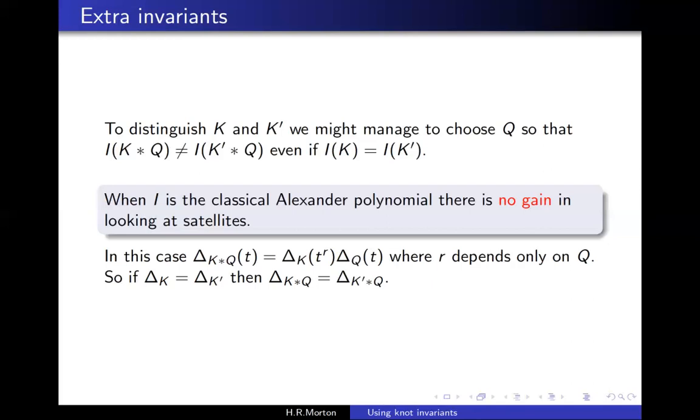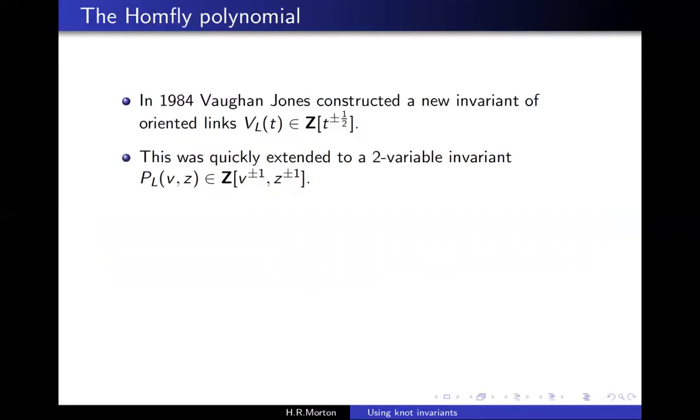Now, I'm going to jump forward a few years in the sense that the Alexander polynomial was an invariant that surprisingly turned up in a totally new construction by Jones in 1984.